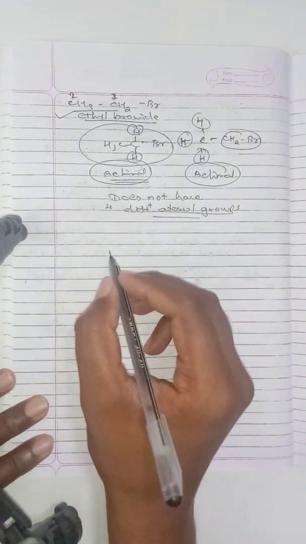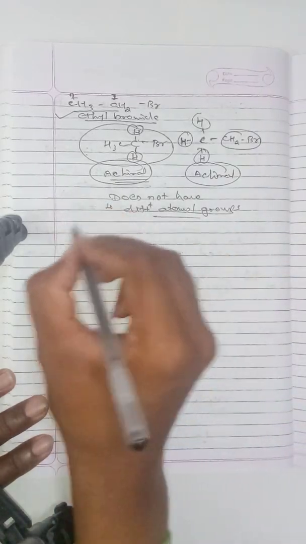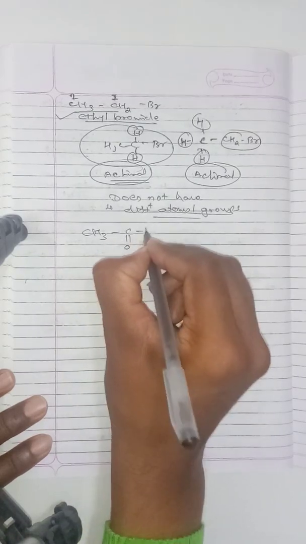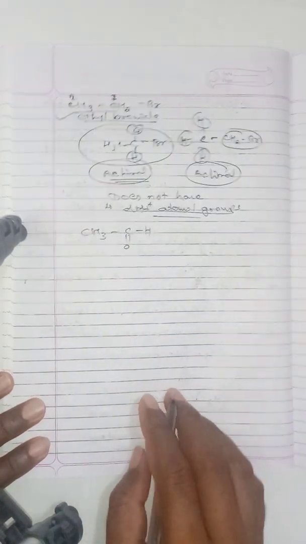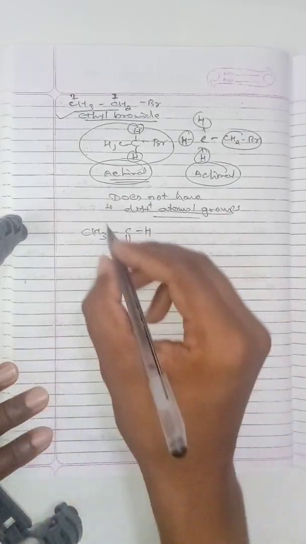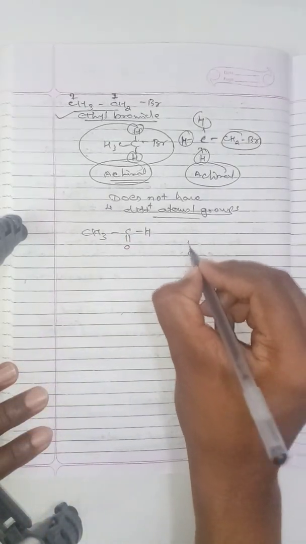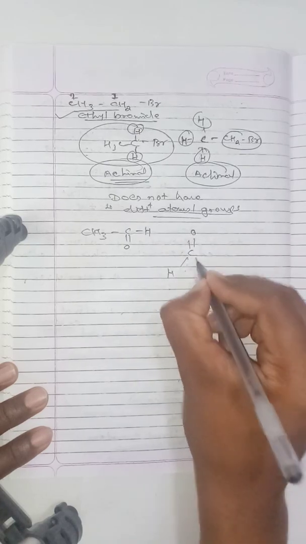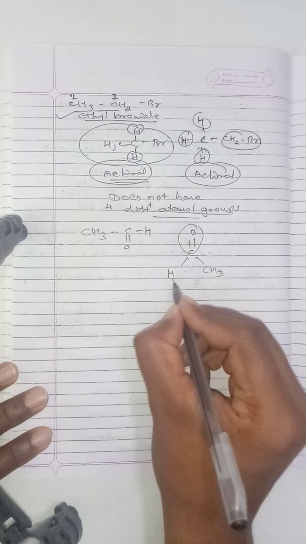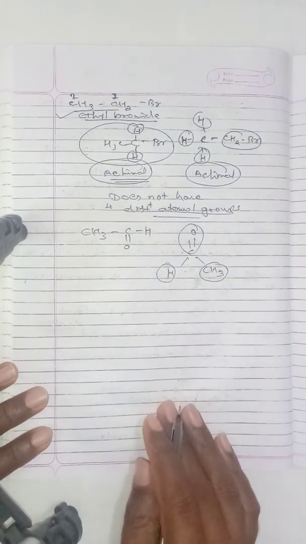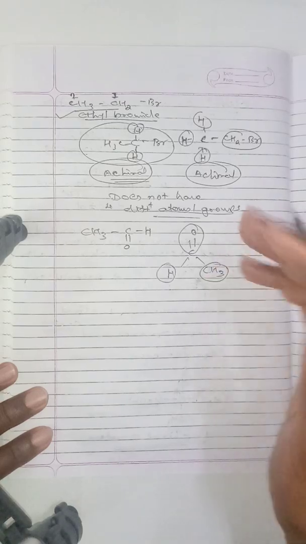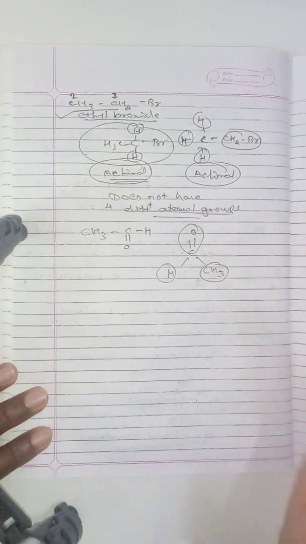Let's see another example, CH3CHO. For this, the carbon has only three different groups, and our condition is that it must have four different groups or atoms.